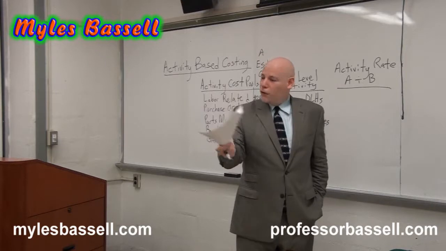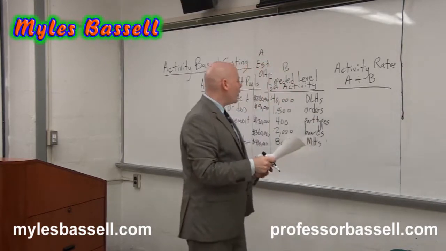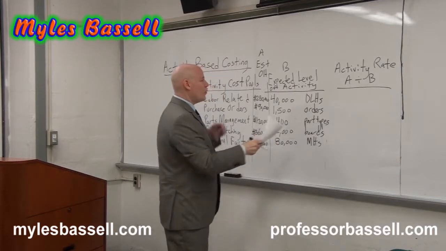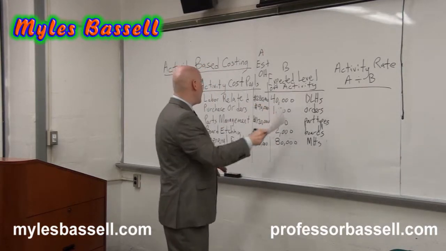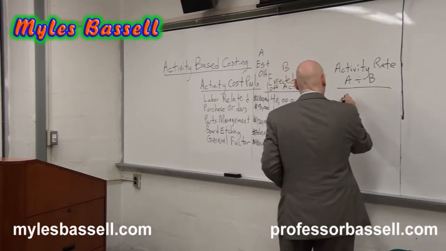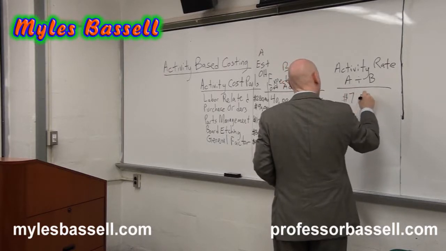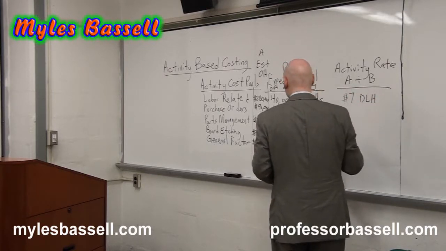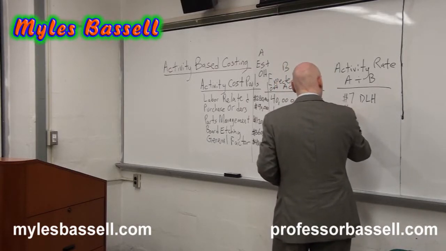But in order for us to do that, we need to know, well, what is it going to cost us? So that's what we're going to calculate now. So the activity rate, the cost per direct labor hour at this organization is $7. So $7 per direct labor hour. Per purchase order is $60.